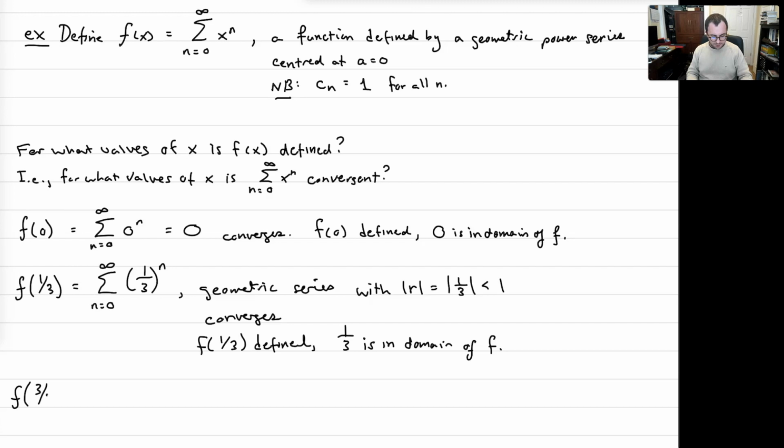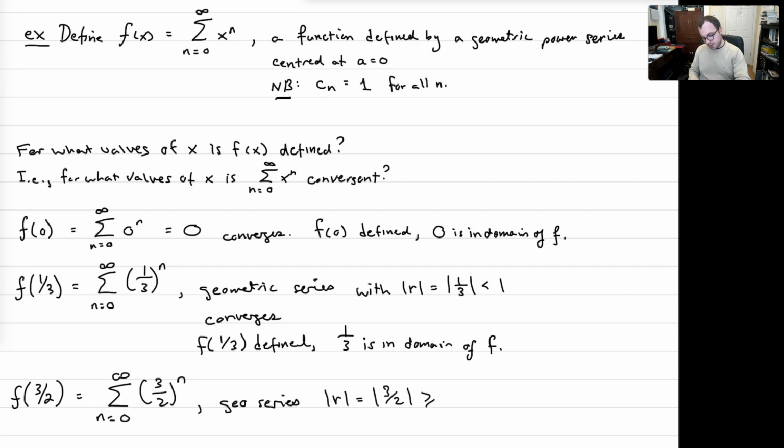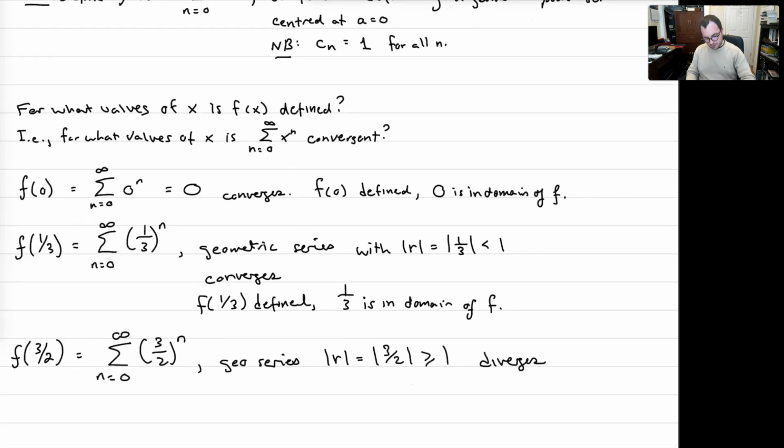f of 3/2. This results in the series (3/2) to the n. This is also a geometric series, except now the ratio is bigger than 1. So this is still a geometric series, but now the ratio is 3/2, which is bigger than or equal to 1, so it diverges. So since it diverges, it doesn't have a value.